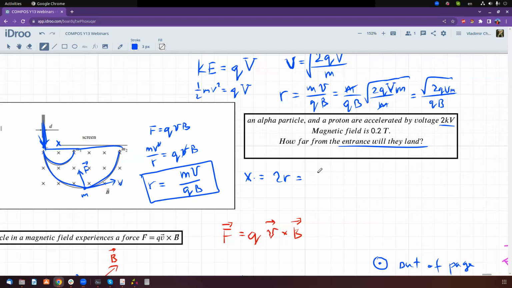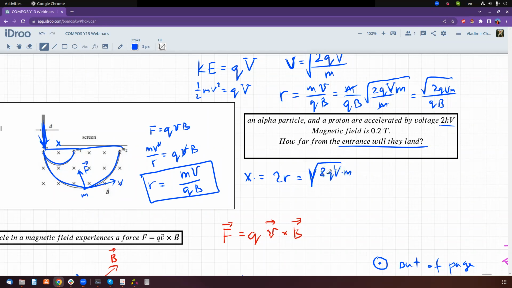Yeah, just need to simplify that. Let's make it a single square root of 2qVm.